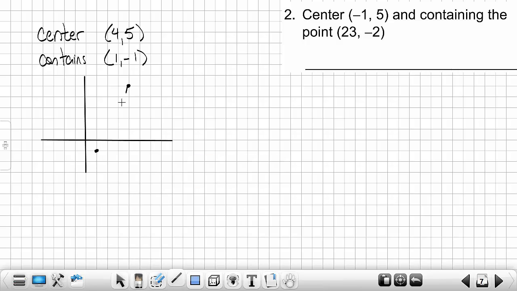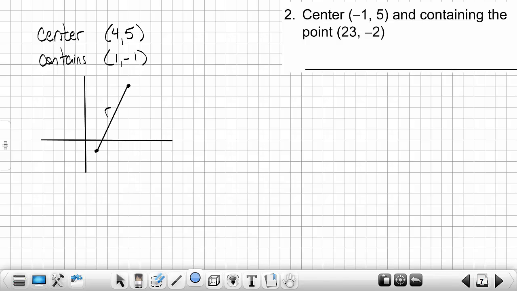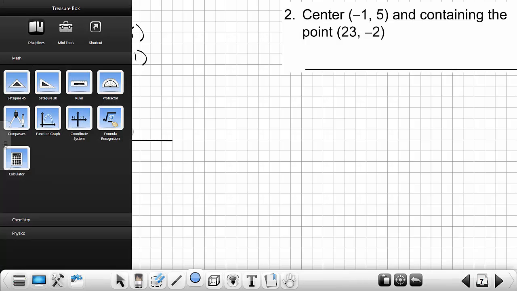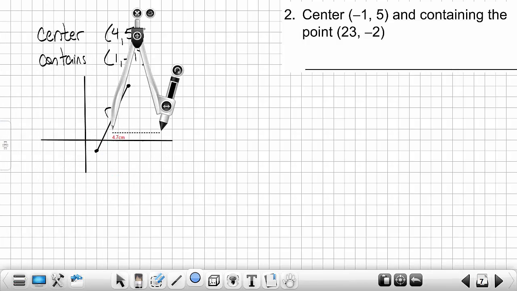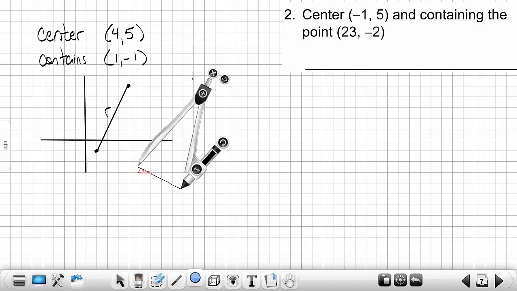So what does this line represent? The radius. The radius. So therefore my circle, I know, that's not going to work out. You know what? I've got tools. Rotate that a little bit so I can actually fit it.